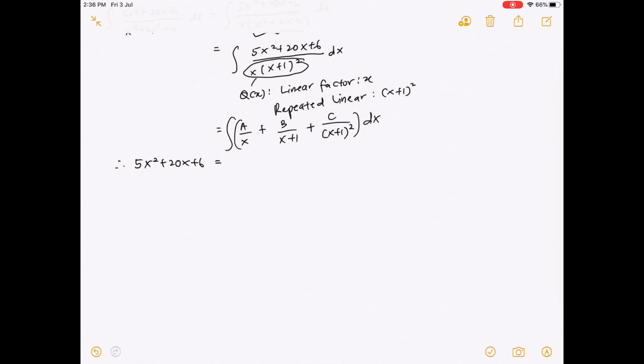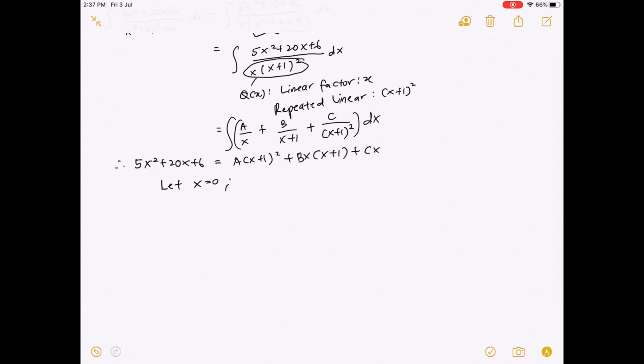So I just equate the denominator and numerator. Okay, so let's find the value of a, b and c.